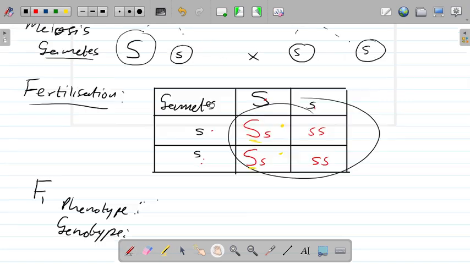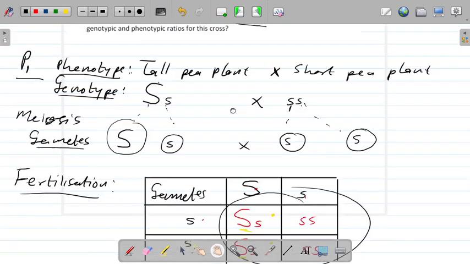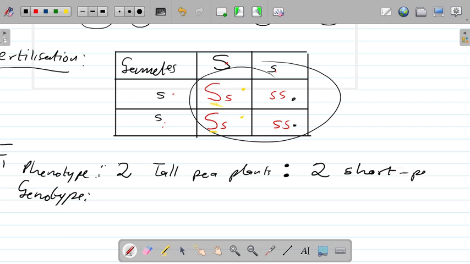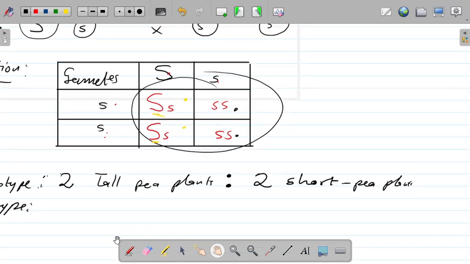But remember, we're representing this in terms of ratios. So 2 will be tall pea plants, and 2 will have short pea plants. So your phenotypic ratio is what?